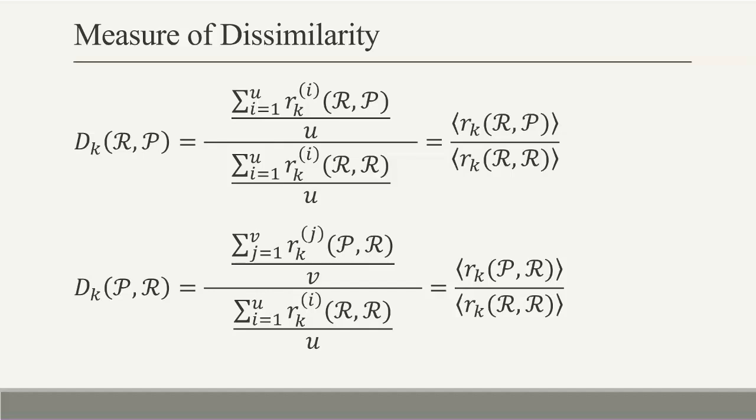But because the radius of the circles is dependent on the density of the points that I have in my references, I'm just scaling by this average of the radius of the circles from the reference set to itself.